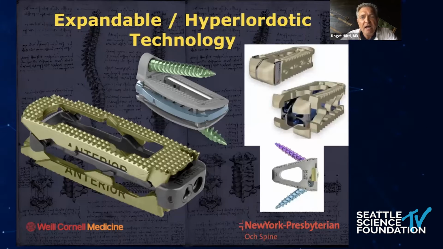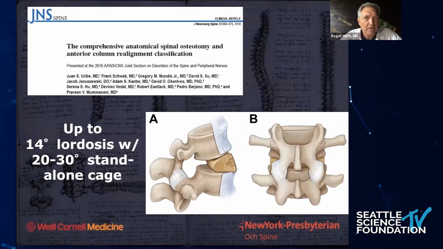So you can get really beautiful results, and now also with expandable cages. There are expandable cages, cage technology coming out for TLIF surgery, for ALIF surgery, for lateral surgery, and then also obviously the hyperlordotic cages. And the question is, if you use these technologies with less invasive approaches, are you going to be able to cut down on some of the complications of open surgery?